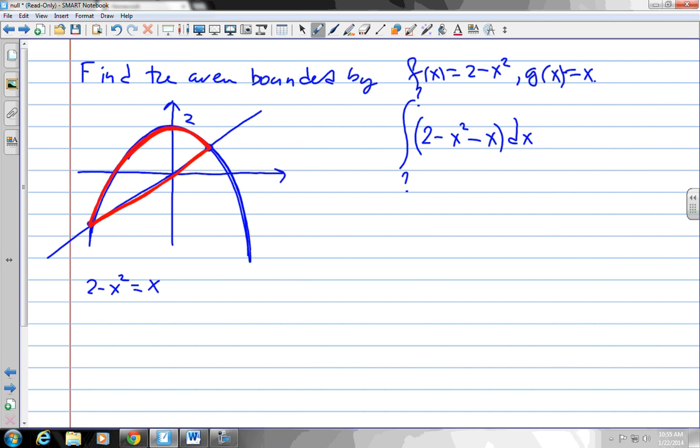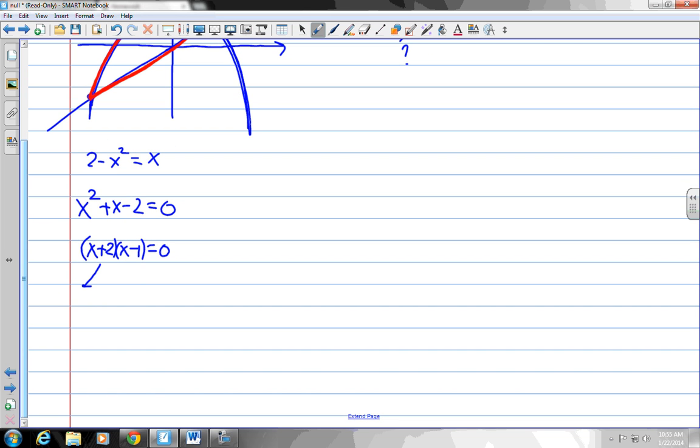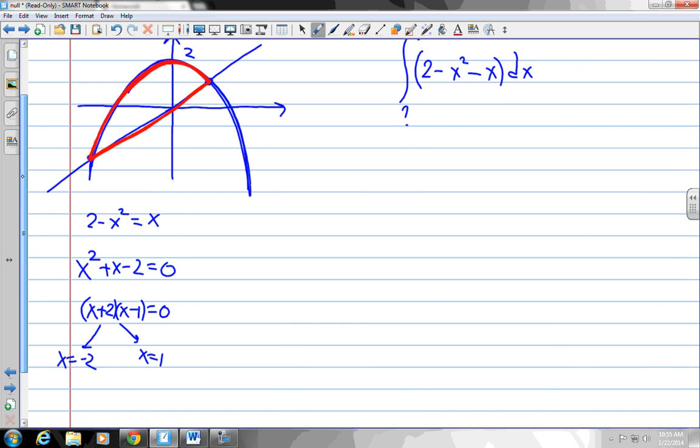And this is a very simple quadratic. If we move everything to one side, it's x squared plus x minus 2 equals 0, which factors nicely. x plus 2, x minus 1 equals 0. So these are my limits.